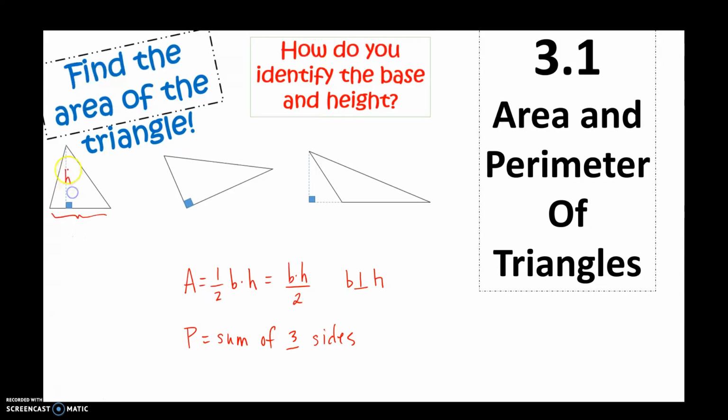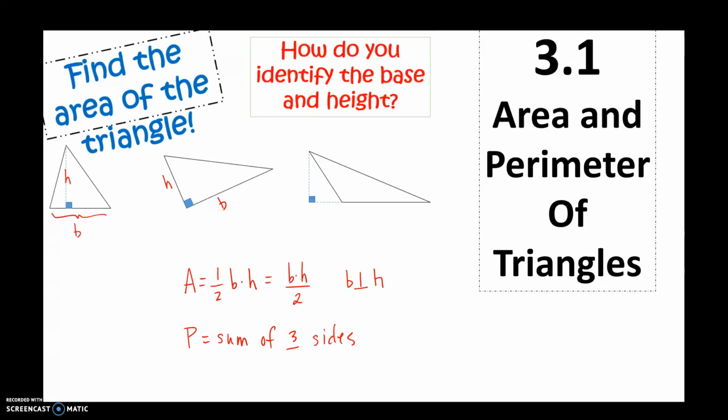So height, we know height always is perpendicular to the base. We learned that another term for height would be our altitude. Okay, in the other triangle, where the right angle is at where the 2 sides meet, here's my height. We'll identify that as our base.